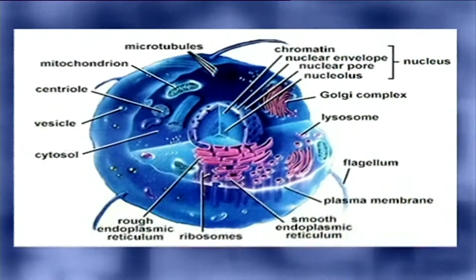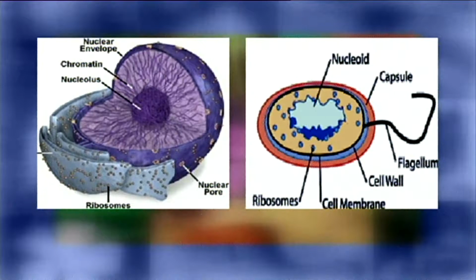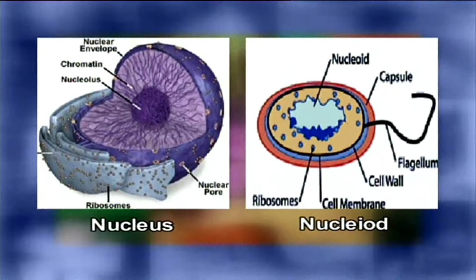Let's first introduce the topic. Cells are the structural and functional units of all living organisms. Almost all living cells have either a nucleus or a nucleoid in which the genome, that is the complete set of genes composed of DNA, is stored and replicated.